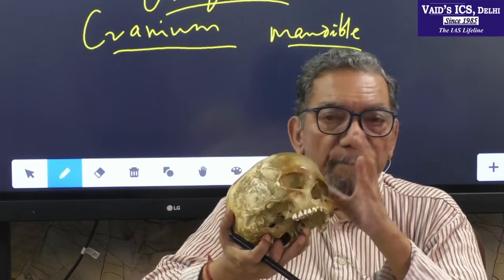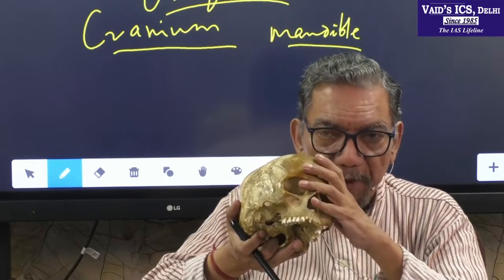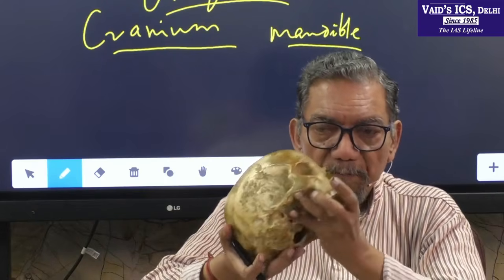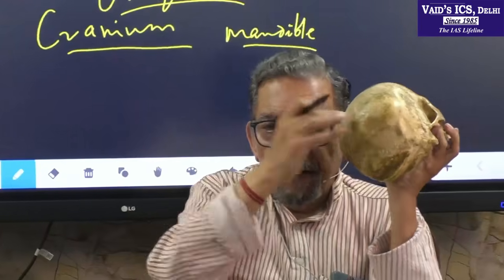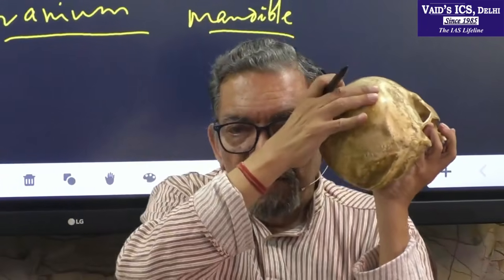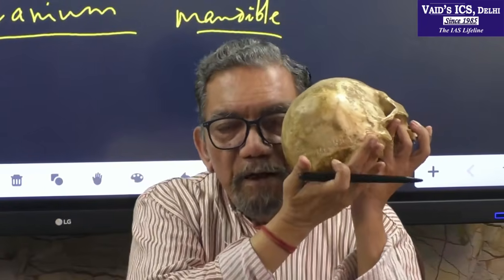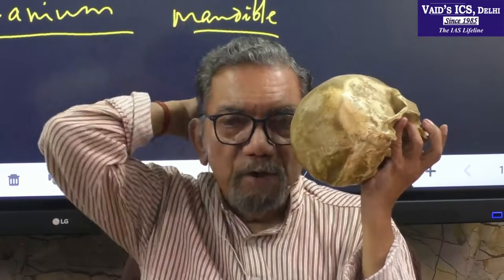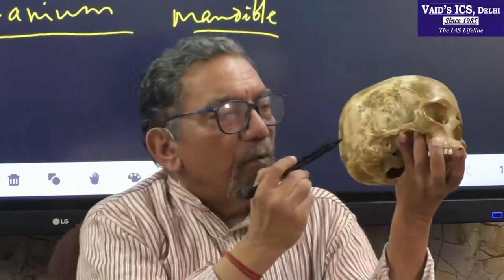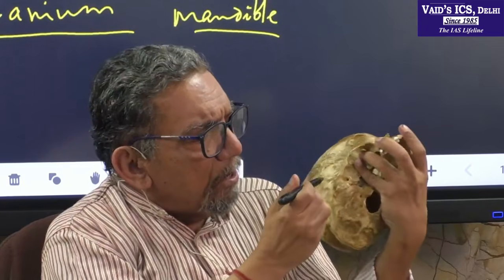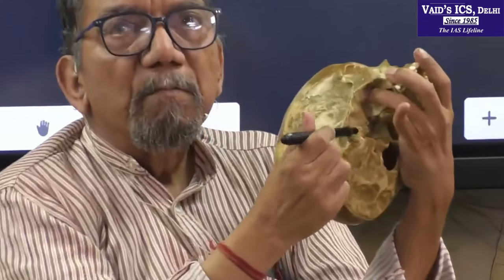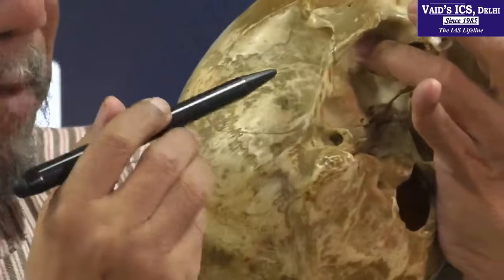Then, bone of the forehead is called frontal. There are 2 bones at the top of the head. We call them parietals. There is one bone at the back. We call it occipital. There is one bone in front of the ear. This is ear hole. This is called temporal.